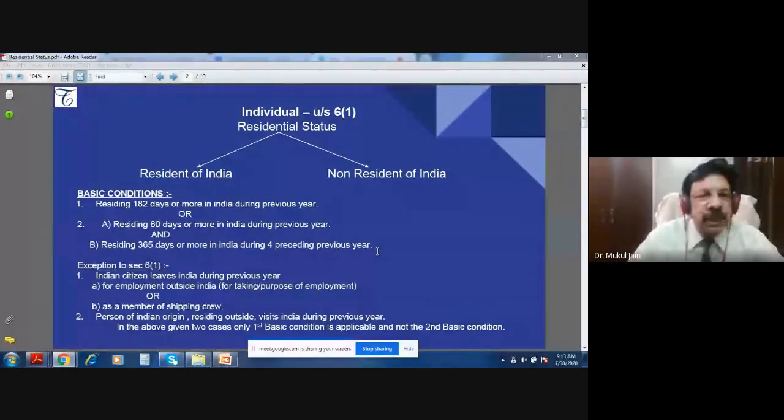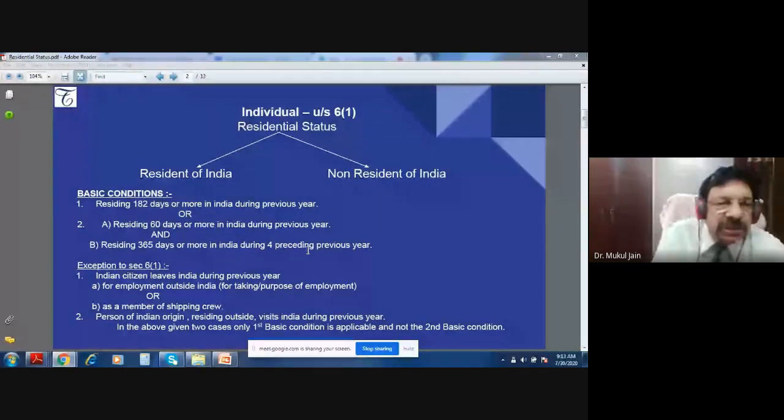So this person should have stayed at least 60 days in 19-20, if we are considering assessment year 2021, and before 19-20, during the 4 preceding previous years: 19-20 is one, then 18-19, then 17-18, then 16-17. If you count all these 4 preceding years, he or she should have stayed at least 365 days in the 4 preceding years.